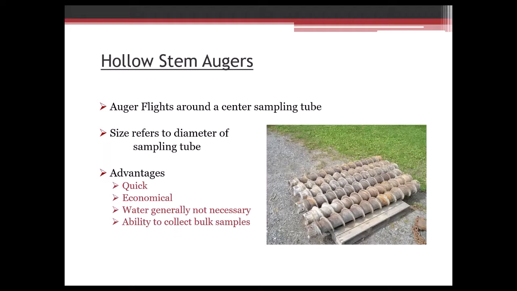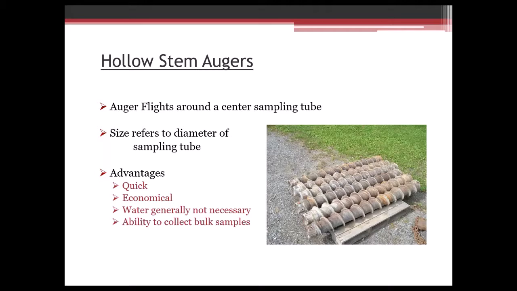Holostem augers are one of the more common methods we use for advancing borings. Essentially what you have is a center sampling tube with auger flights that are formed around it. When we're advancing the augers, we advance them to the depth of where we're going to be taking the sample.